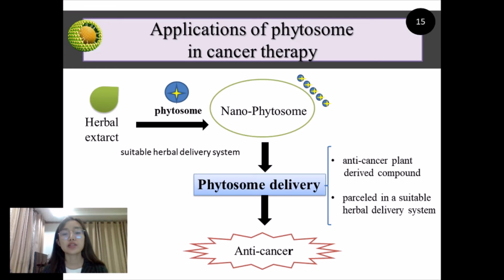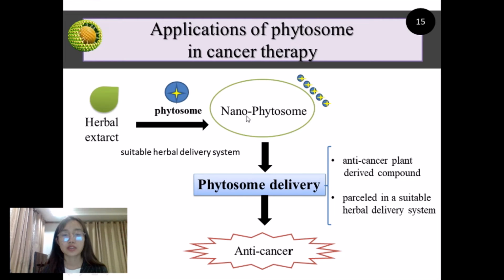In this study, there is also the application of phytosome in cancer therapy. When talking about herbal extract, obtaining phytosome products is a suitable herbal delivery system. The phytosome will be developed into nanostructure.